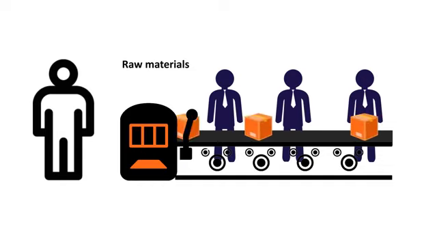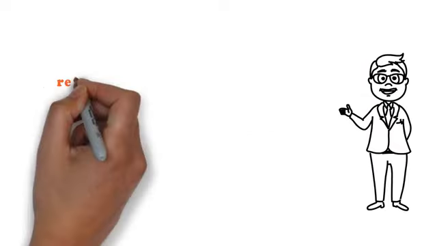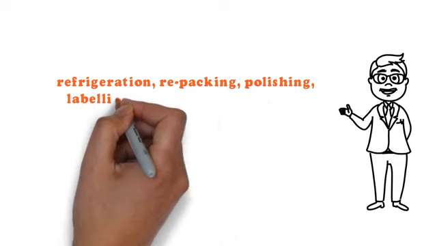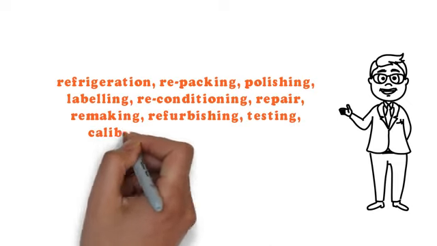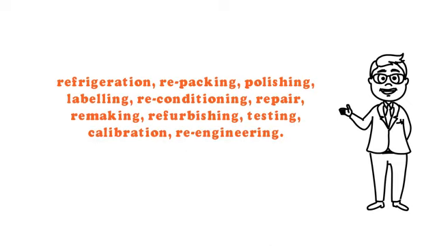As per the foreign trade policy, manufacture includes processes such as refrigeration, repacking, polishing, labeling, reconditioning, repair, remaking, refurbishing, testing, calibration, re-engineering.